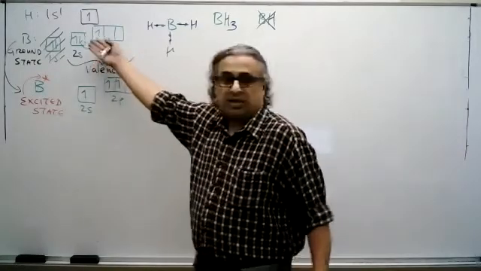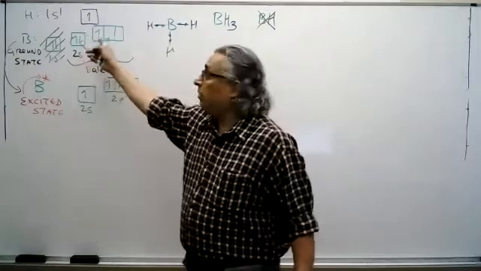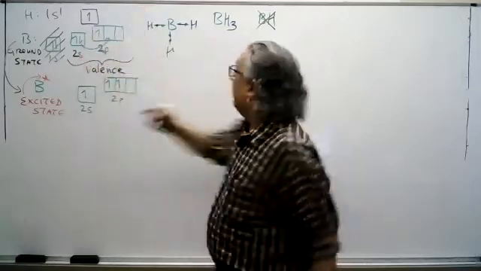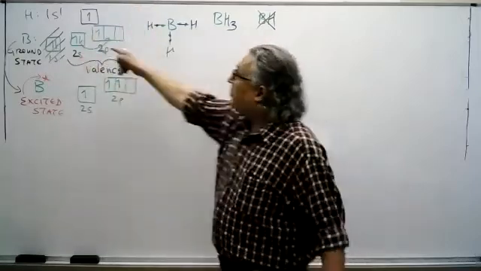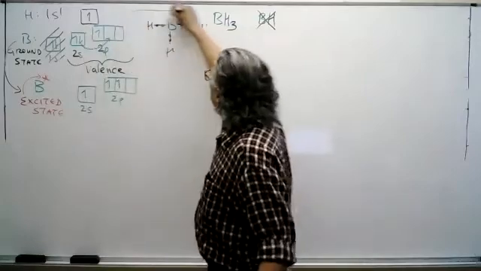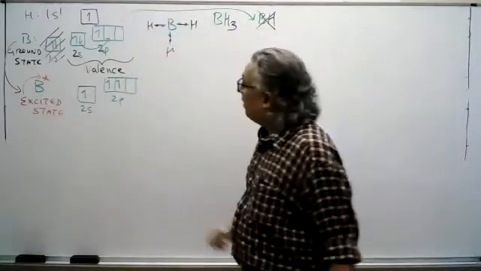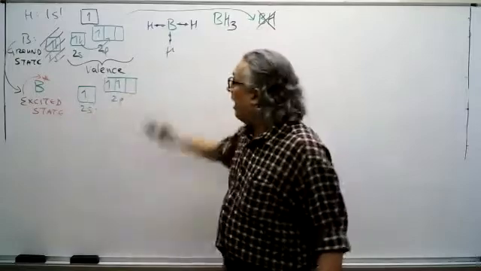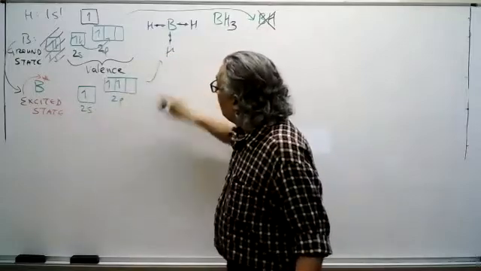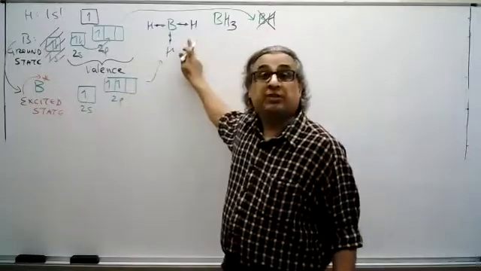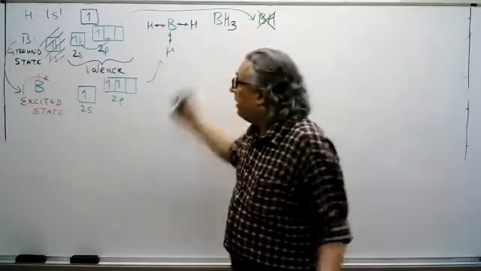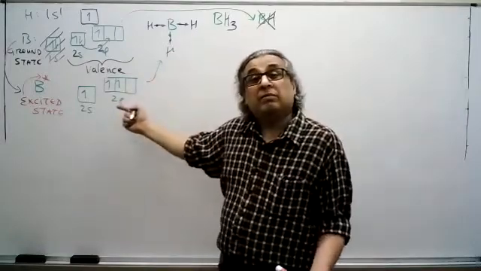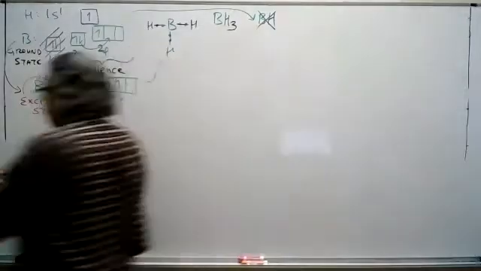Then you would have said, this is it, that's it. 1 pair and 1 single electron, and you get that guy, okay? That would lead to that molecule, okay? So this must be happening to let this sort of BH3 happen. You need 3 unpaired electrons, okay? So this is called the excited state.